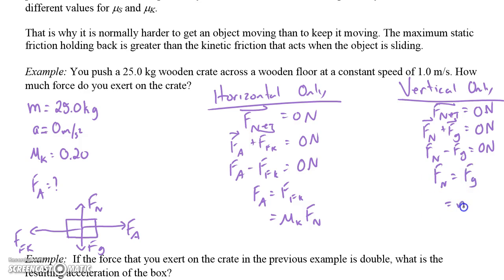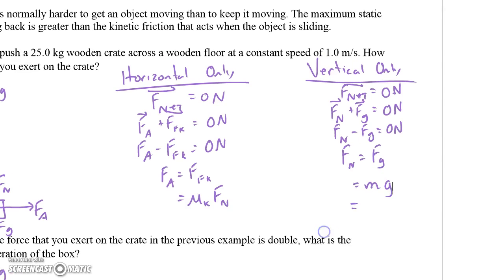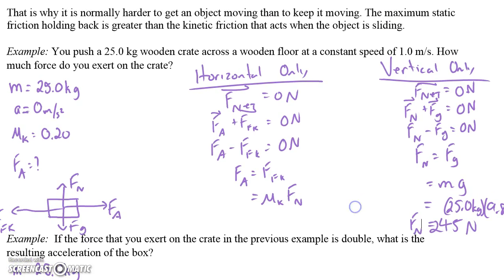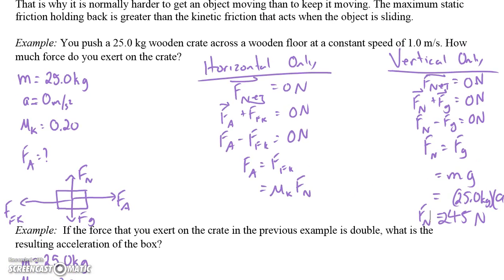And we know Fg is mg, which is going to be 25.0 kilograms times 9.80 meters per second squared, and that's going to equal 245 newtons for our normal force and for Fg if we were worried about Fg. So now we have Fn.